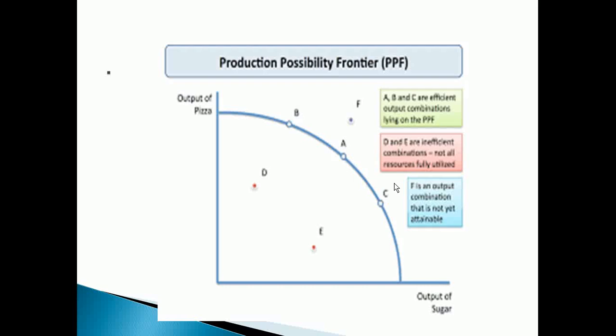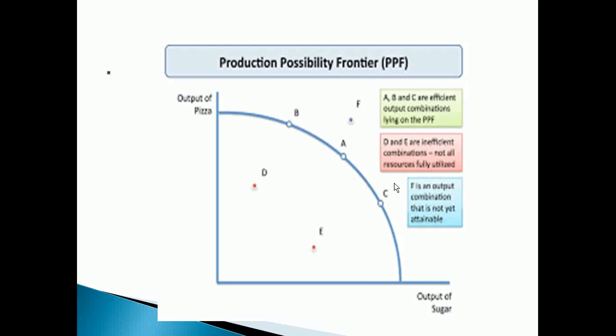Point F is an unattainable or impossible point, because an output combination cannot be obtained at that point. It is beyond the resources that are available, so it is referred to as an unattainable point. We can understand that the PPC curve is concave to the origin.